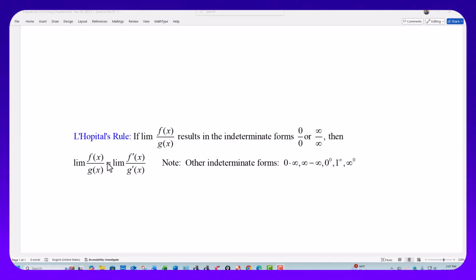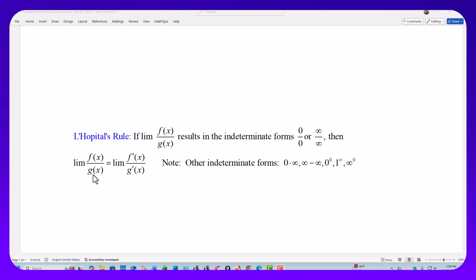Anyway, it states that if you plug it in and you get one of these forms, you can find the limit, whether it's infinite or going to some constant, if you take the derivative of the numerator over the derivative of the denominator. If this limit exists, then that's going to be the answer to the given limit, f of x over g of x, as x goes to whatever, whether it's a certain value or infinity or minus infinity.